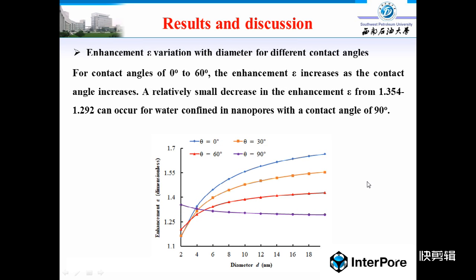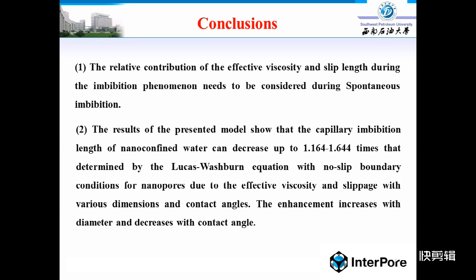For angles from 0 to 60, the enhancement increased. A relatively small decrease in the enhancement with a critical angle of 90 arises from the water and nanopores. The fifth section is our conclusions.